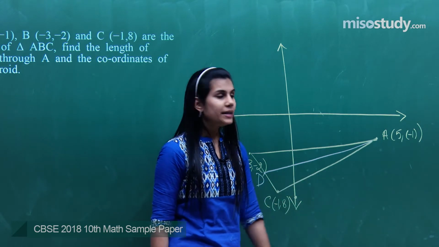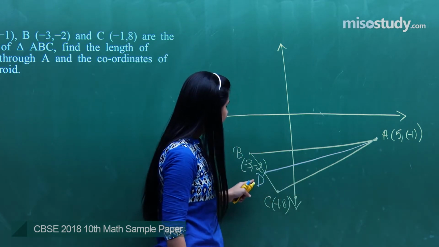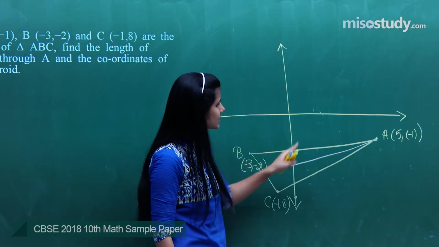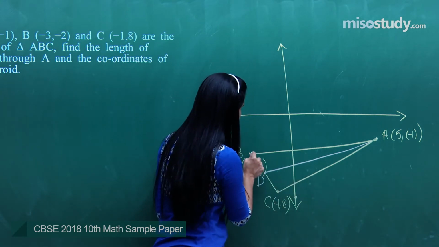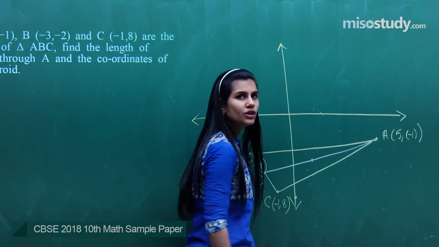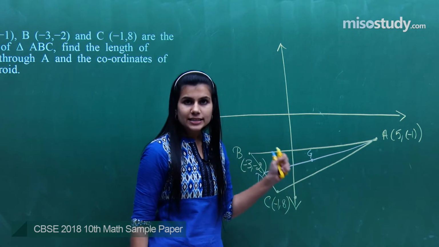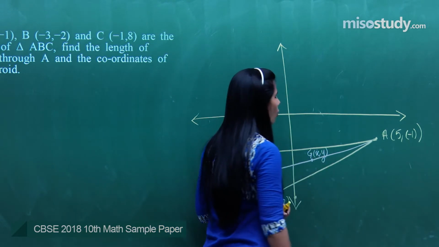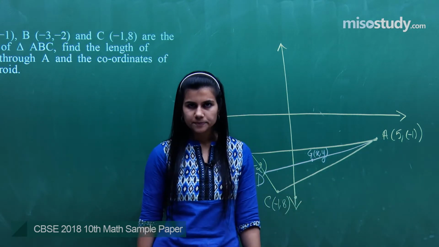That line is called the median through the vertex A. That means if I have drawn this line from A intersecting the opposite side BC at the midpoint D, then this line is my median. Similarly, I can draw medians from C and B as well, and I am going to get a point where all these three medians meet. That point I am going to denote by G, and that is basically my centroid. So I am supposed to find the coordinates of that centroid as well as the length of the median.